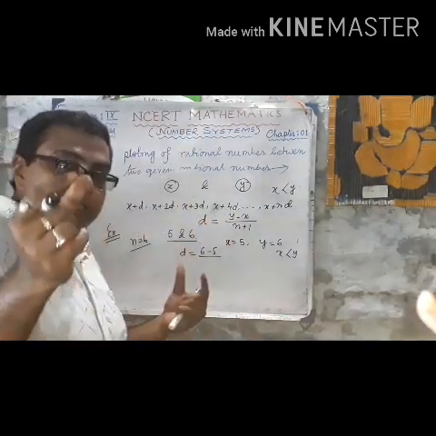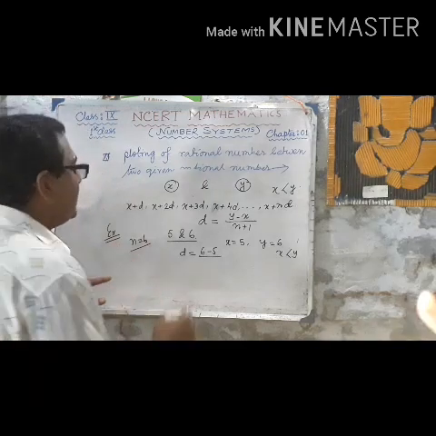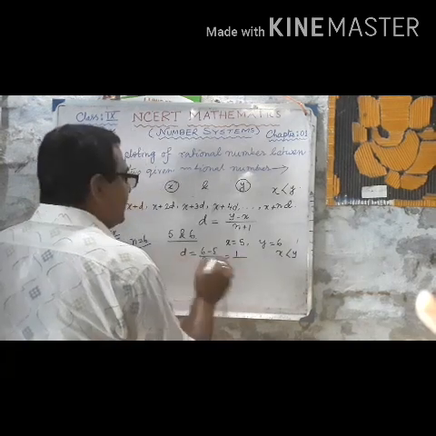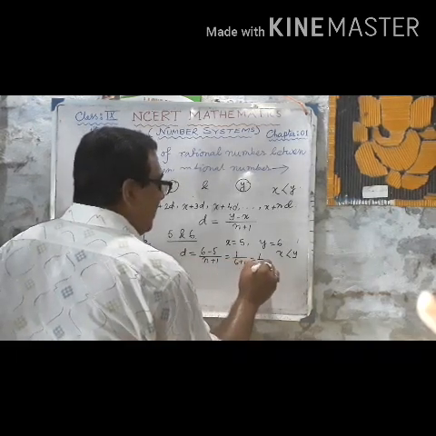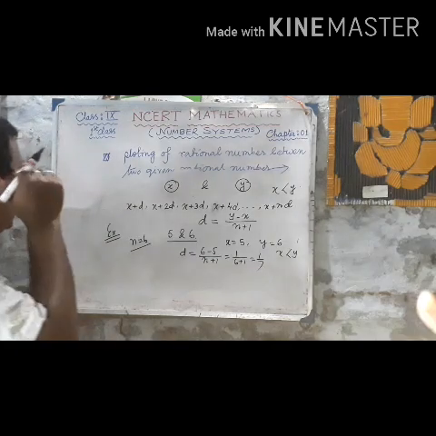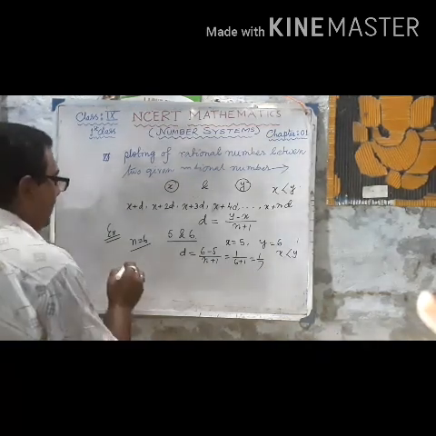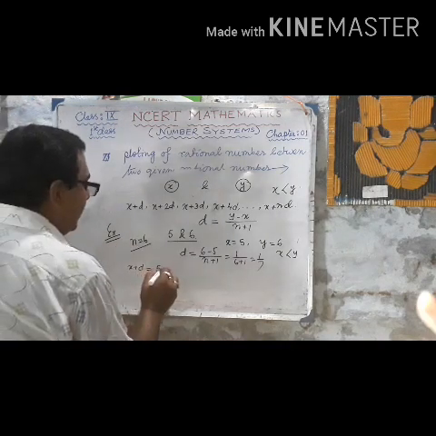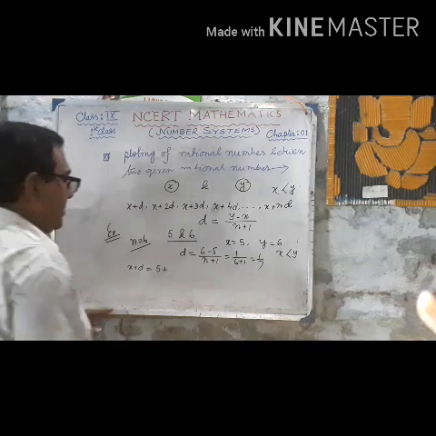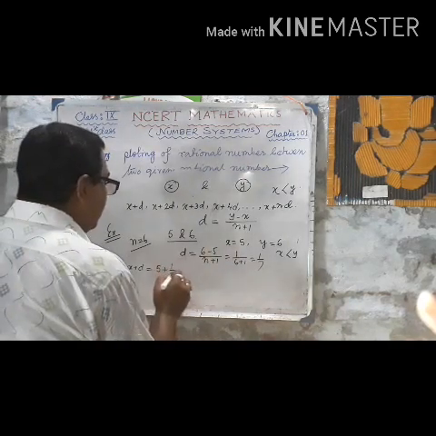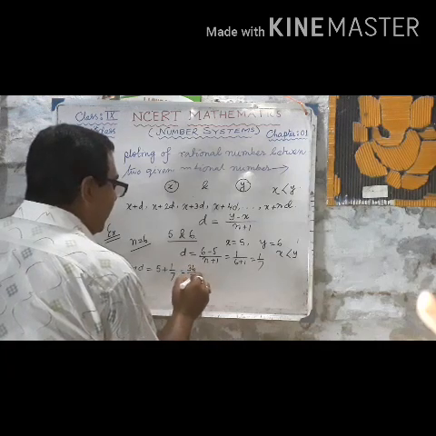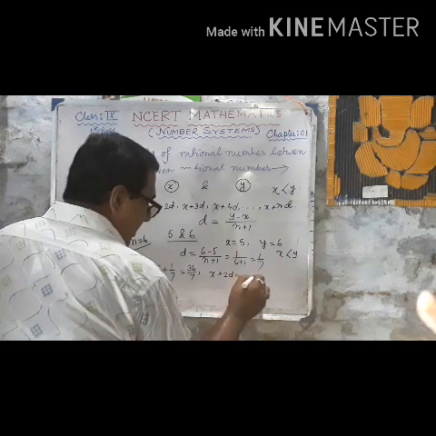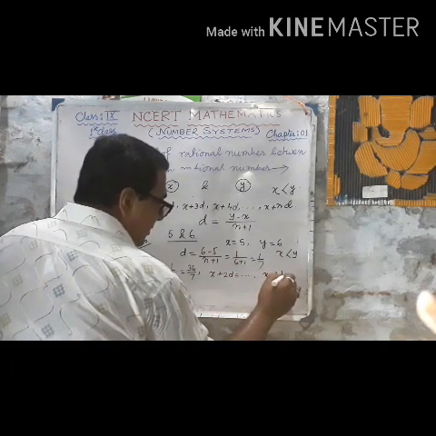The number of rational numbers is 6, therefore n is 6, and n plus 1 is 7. So d is 1 by 7. Then x plus d means x is 5 plus d, 1 by 7, that is 36 by 7. Then x plus 2d, x plus 3d. We have to calculate.